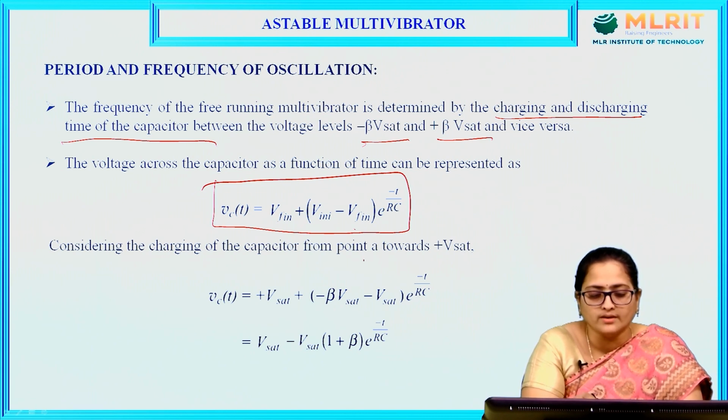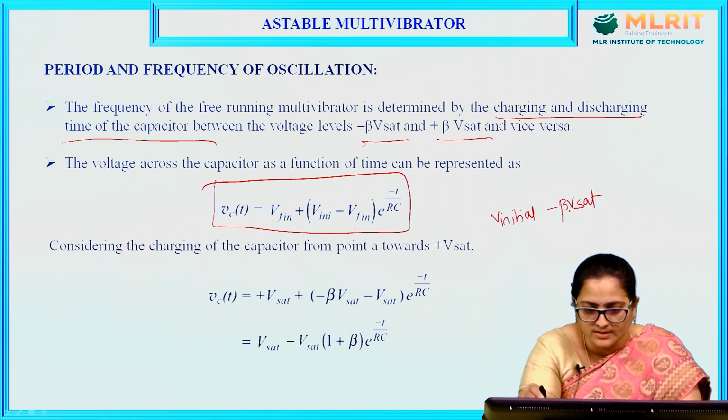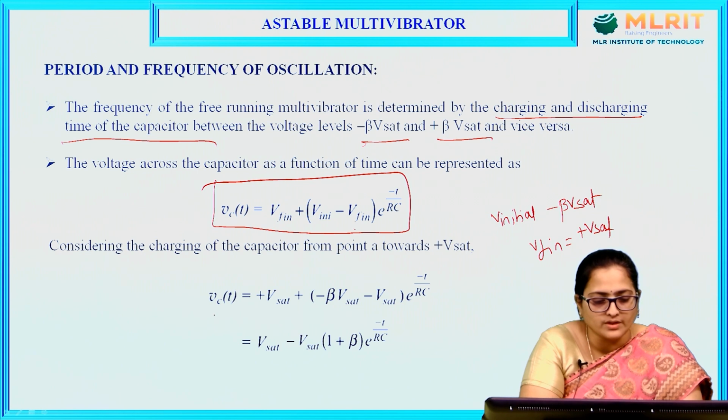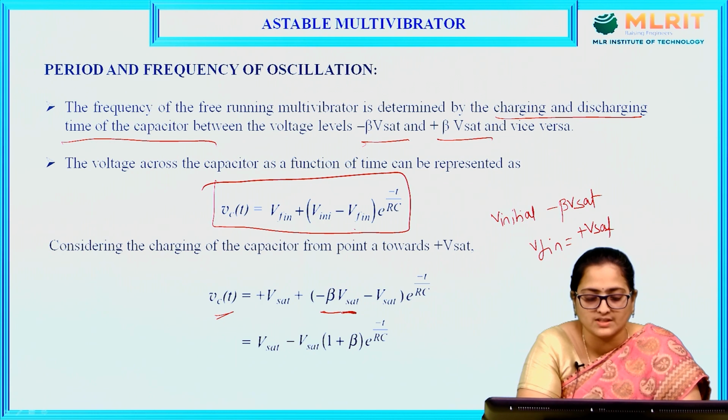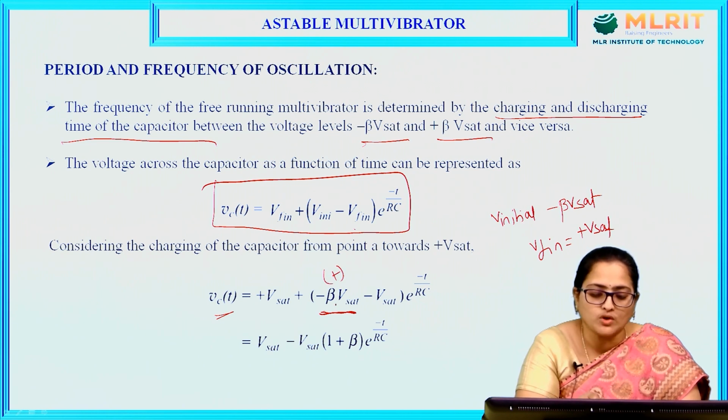Here, when the initial value is minus beta Vsat, which is the feedback voltage at the positive terminal, the output voltage is plus Vsat, so the final value is plus Vsat.